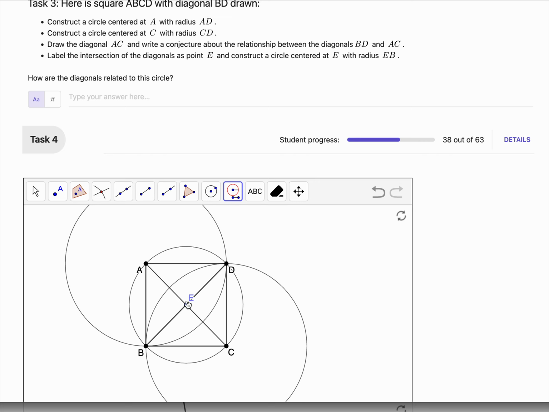But if I go all the way across, that's two radiuses, also known as a diameter, right? That goes all the way across. If it goes through the center, it is a diameter. So AC and BD are both diameters of this smaller circle.